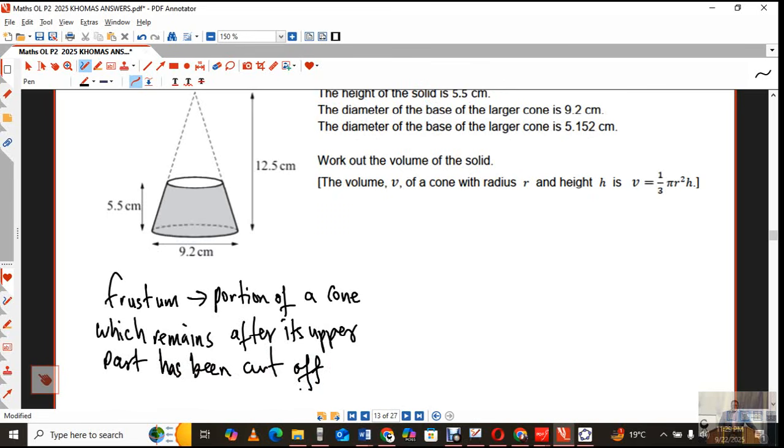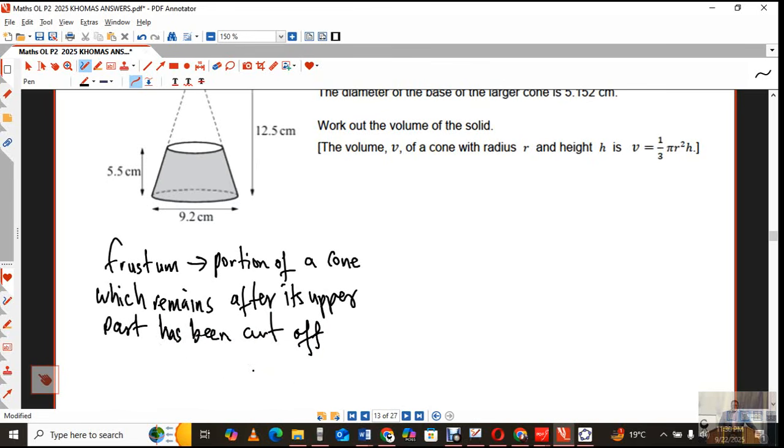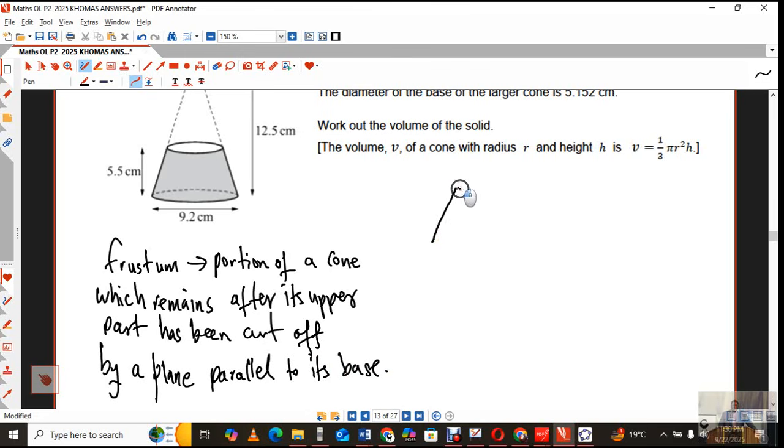But not just cut off anywhere, by a plane parallel to its base, yeah? Right. So what you have is this part, right?